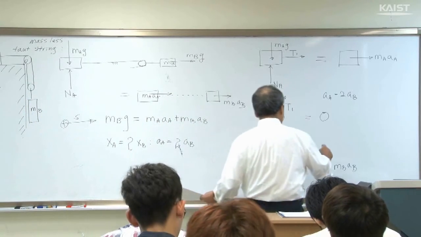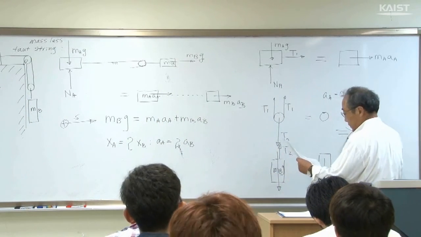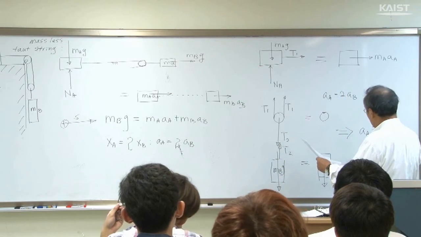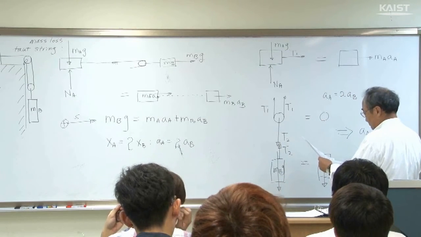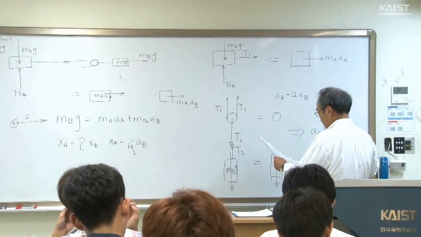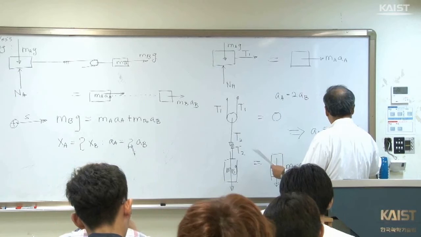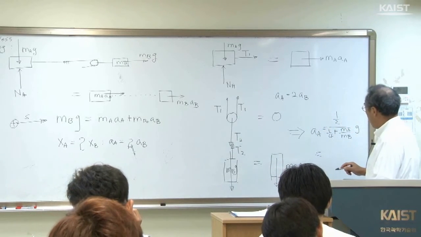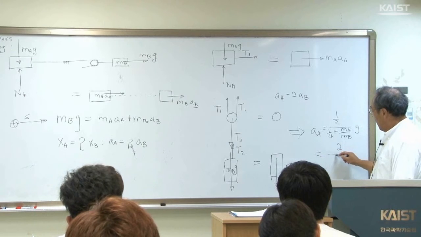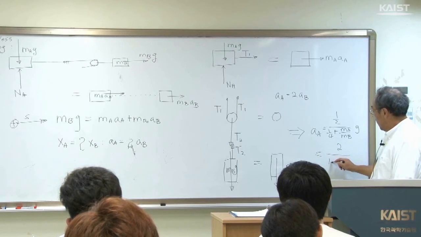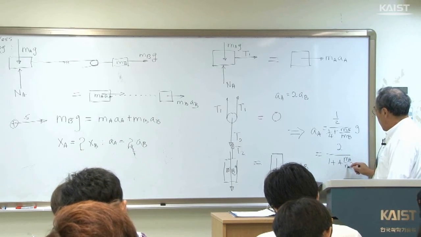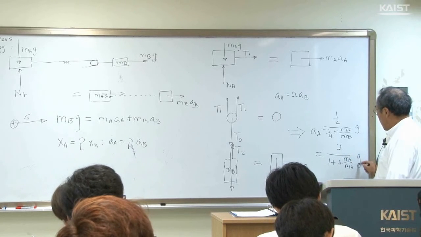The solution following this approach gives me the acceleration of A equal to 1/2 divided by 1/4 plus MA over MB, times g. Or if I simplify it, multiplying by 4 on both sides, this is 2 over 1 plus 4 MA over MB, times g.